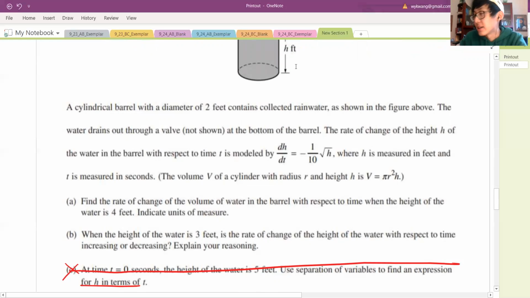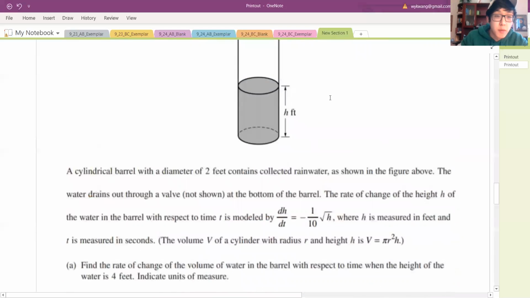Part C, you don't know how to do yet because that involves integration. If you downloaded a copy of the PDF earlier, you might have had part C still on the PDF. Don't do part C if that happened to you. Okay, but let's read this.